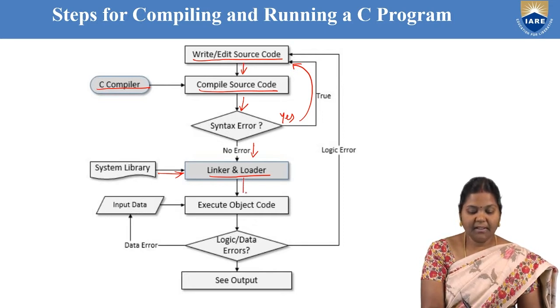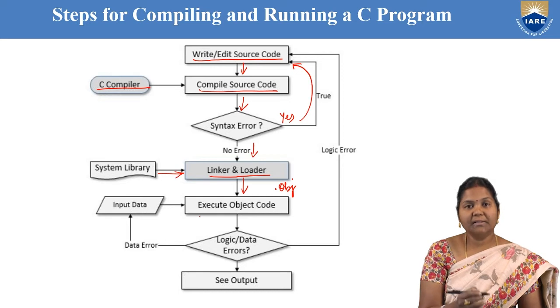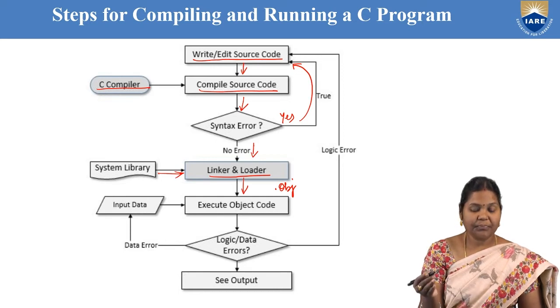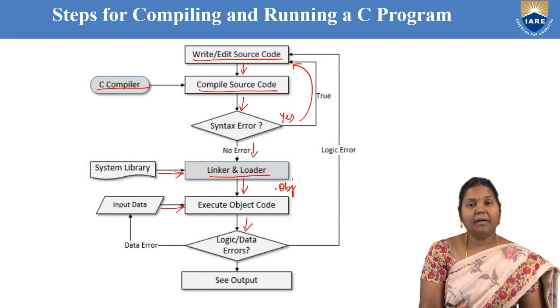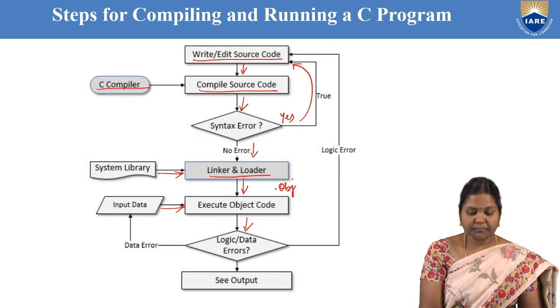Then after the linker and loader work is over, it will produce the executable object code, so a .obj file will be produced. This .obj file is the executable code. So, your high level language C program is now converted into a .obj file, and whenever you give some input to your program, it will give you the output.